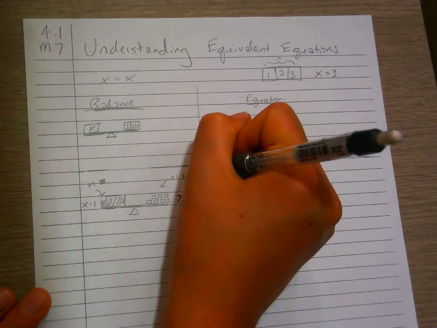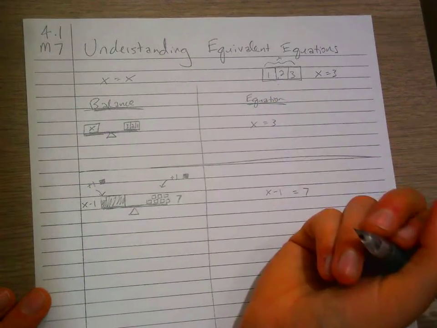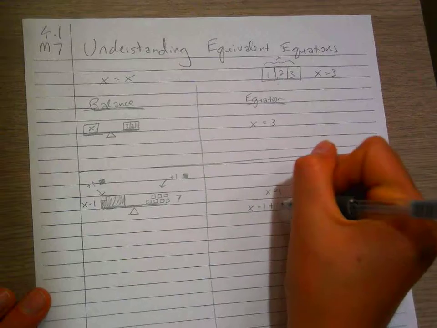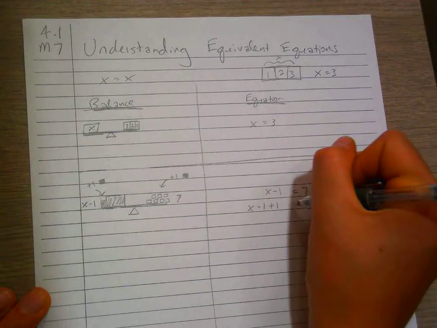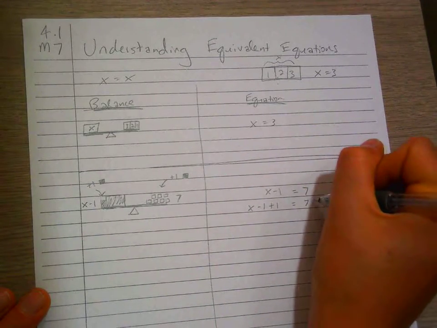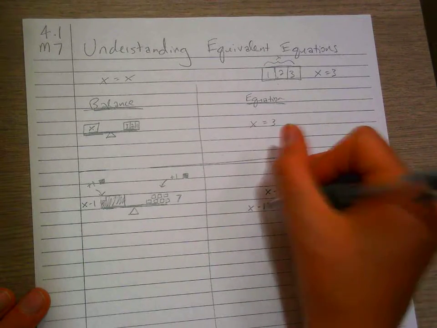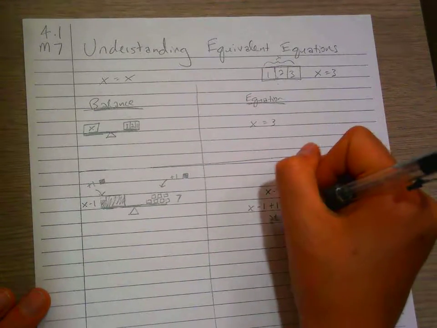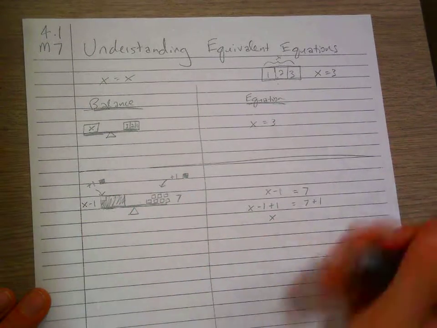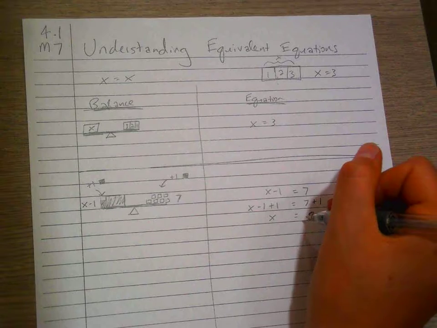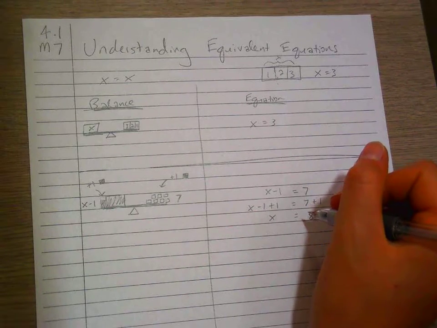So then that gives us x minus 1 plus 1 on this side is equal to 7 plus 1 on this side. So overall, a minus 1 and a 1 is just equal to x, because you add that in, the whole box is filled up. So then the other side becomes 8. So we know that x itself equals 8. The equation is now balanced.